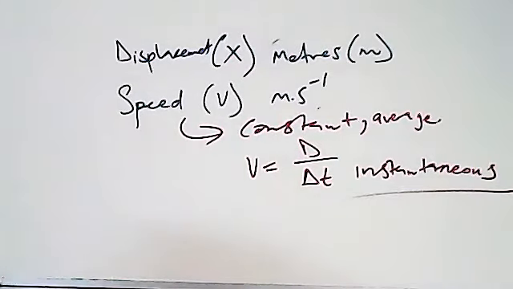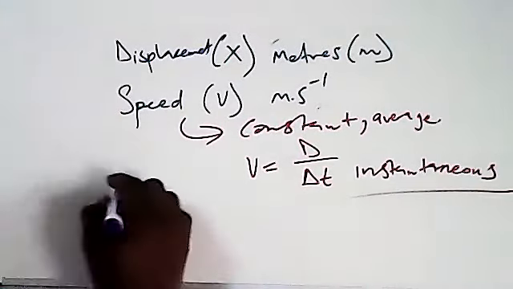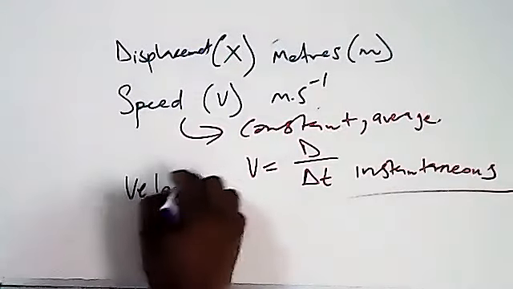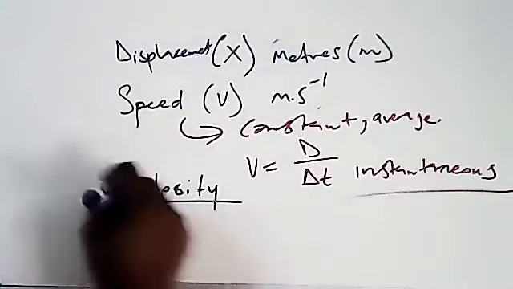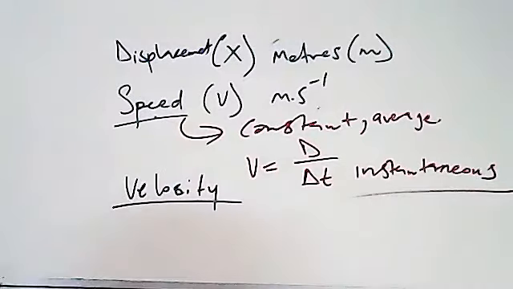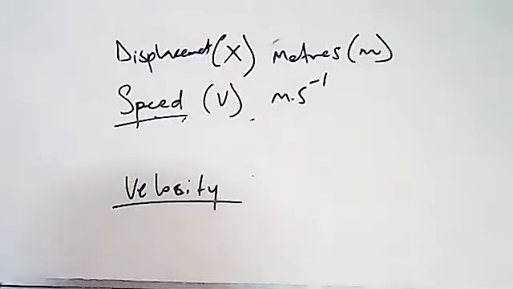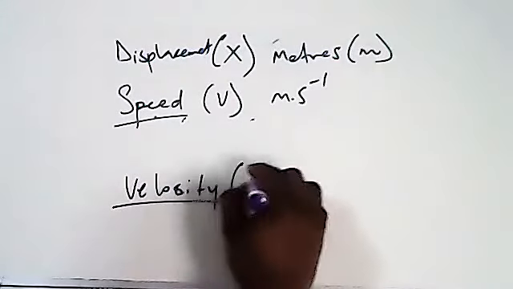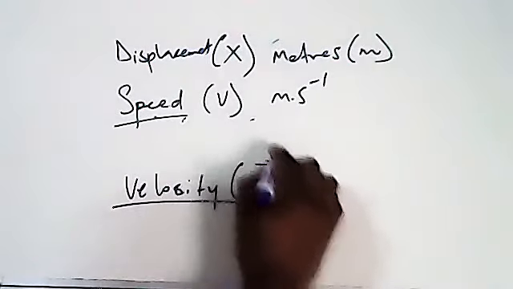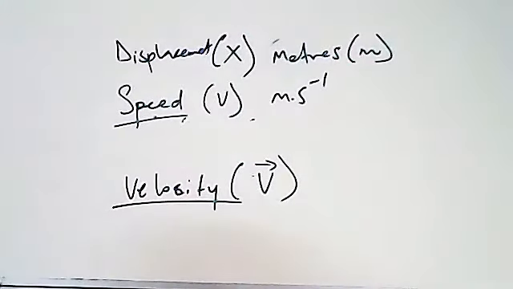Now, since we spoke about speed, it's only fair to discuss velocity, right? Remember that your speed is a scalar quantity, whereas your velocity is a vector quantity. Velocity is also depicted as V, but we like to put an arrow on top to show that it is a vector quantity.